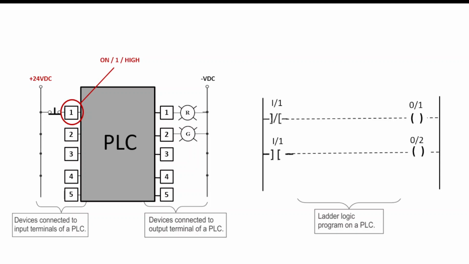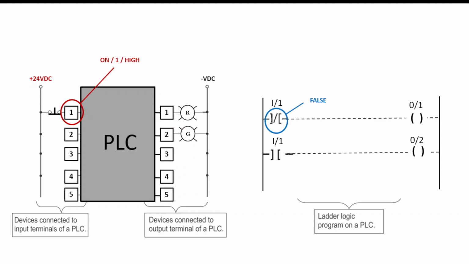So here's the program for the PLC. Input 1, because I only have one input, is both an XIO and an XIC. So two outputs, output 1, output 2.